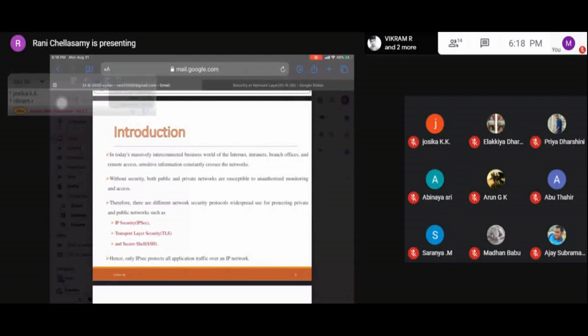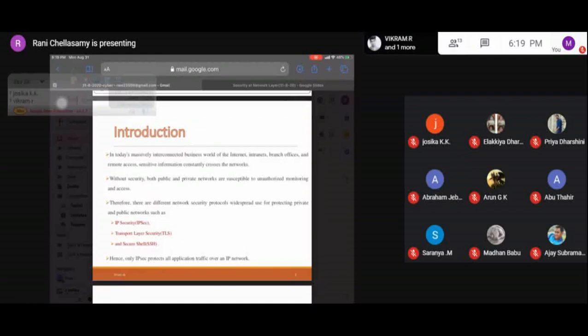In the interconnected business world, whether it is the internet, or an intranet, or a remote access world, whatever it may be, the information passes over the network. There is no security provided for the information by default. So it is the main important thing to be noted.